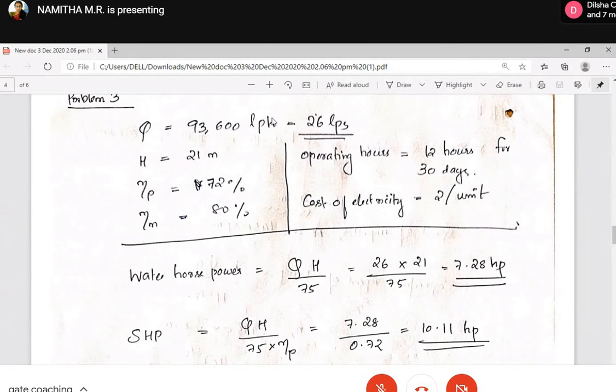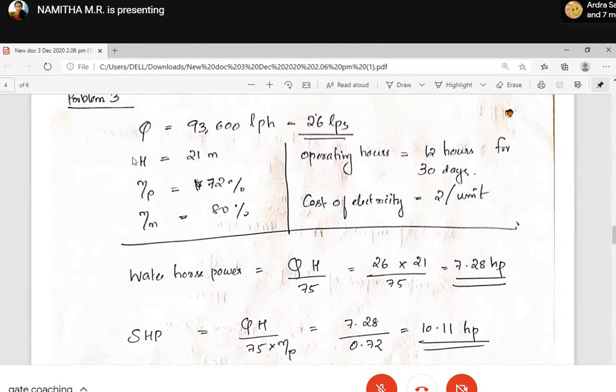Since hour is in the denominator, you have to divide it by 3,600. When hour is in the numerator, you have to multiply it. It is according to your logic only. So 26 liter per second is there.